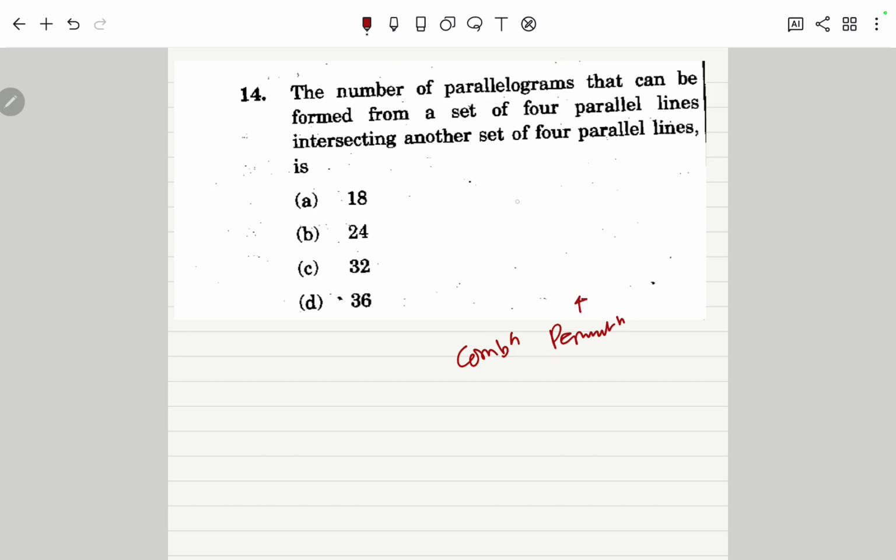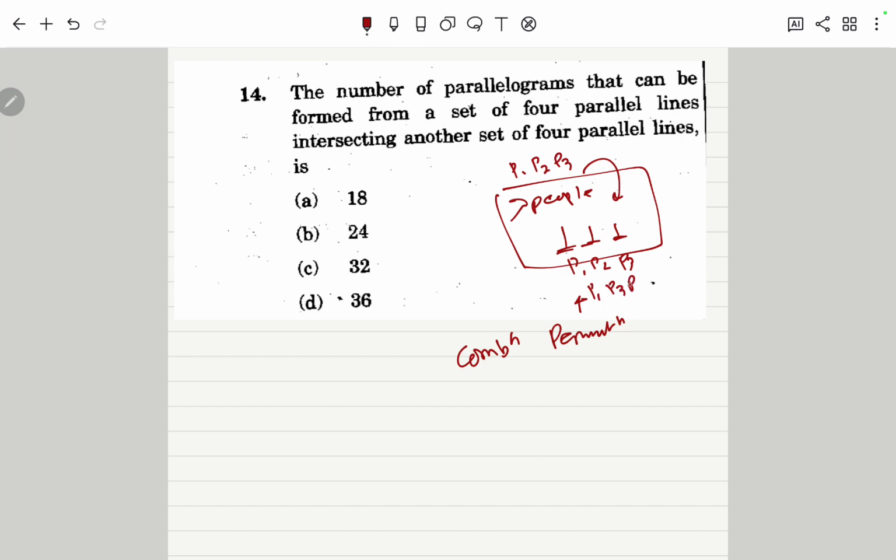If there are three people and three chairs, how many ways are possible in which these three people can be placed on the chairs? This comes under permutation, because P1, P2, P3 and P1, P3, P2 are unique ways in which these three people can sit.